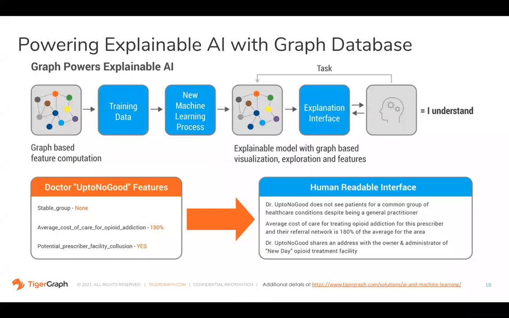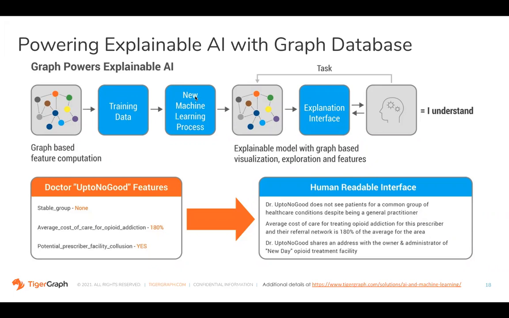Now we're getting into how this fits in, what's the whole pipeline? We have the graph data, in this case, the phone and phone call graph. We do the feature extraction to produce enriched training data. The data is exported to whatever is your favorite machine learning platform. It then produces a model.